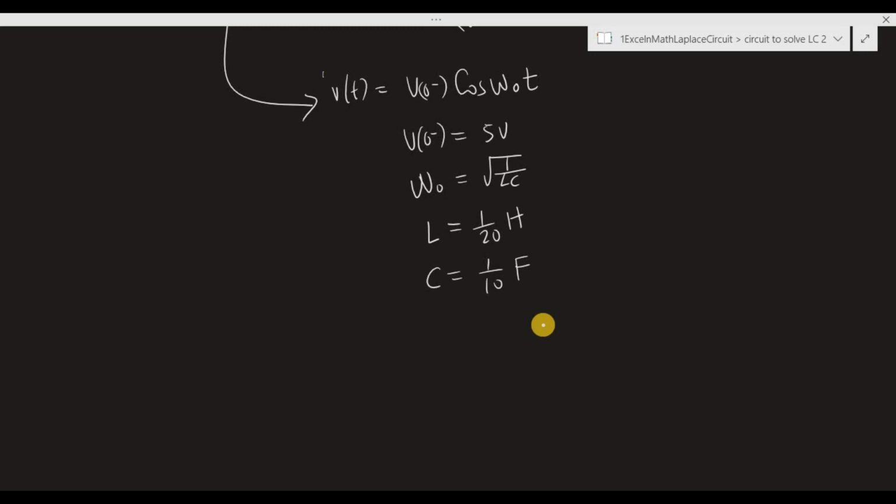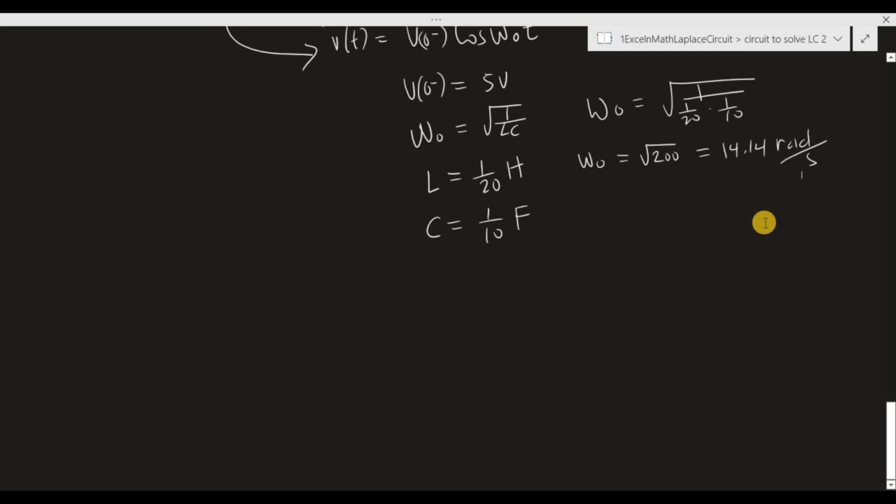Therefore, our omega naught is equal to the square root of 1 over (1/20 multiplied by 1/10), which is the square root of 200, equal to 14.14, and the unit is radian per second.